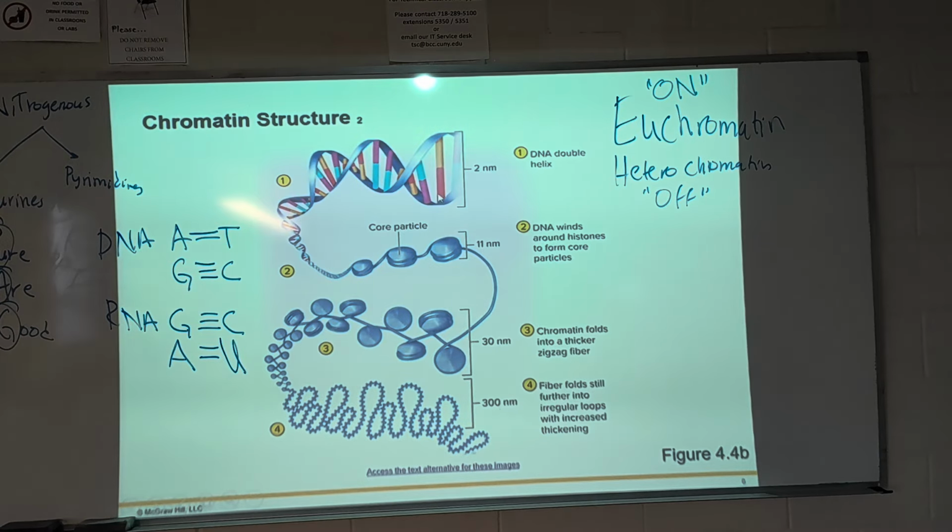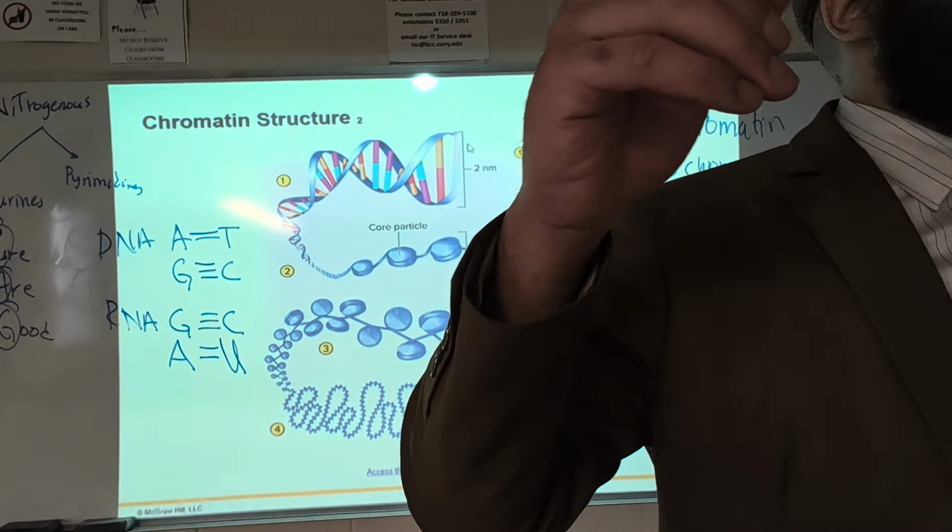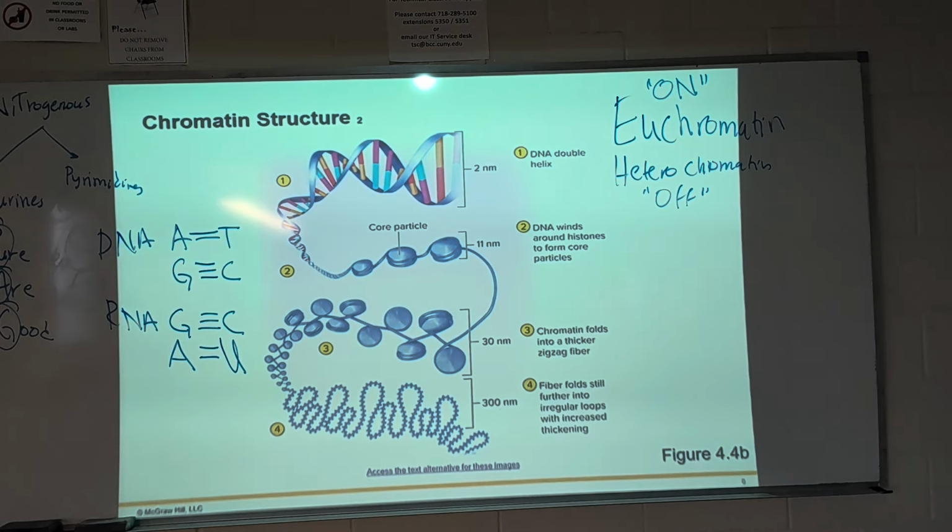Okay, we talked about this. You have the DNA, anti-parallel, double helix, and then you coil it around this coil. What's the name of the actual proteinaceous coil? Histones. Now when you bind the DNA around the histone, it has another name.